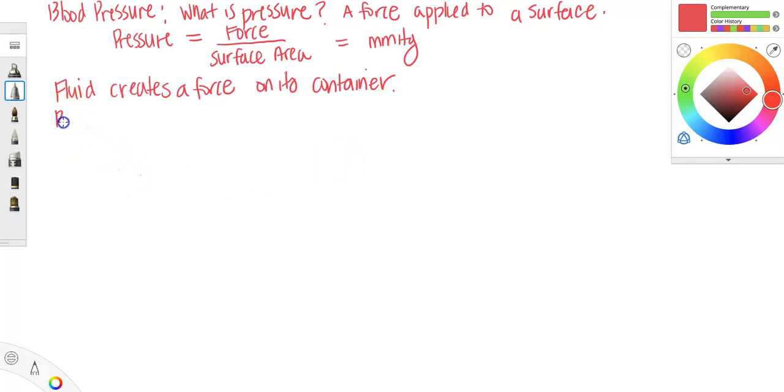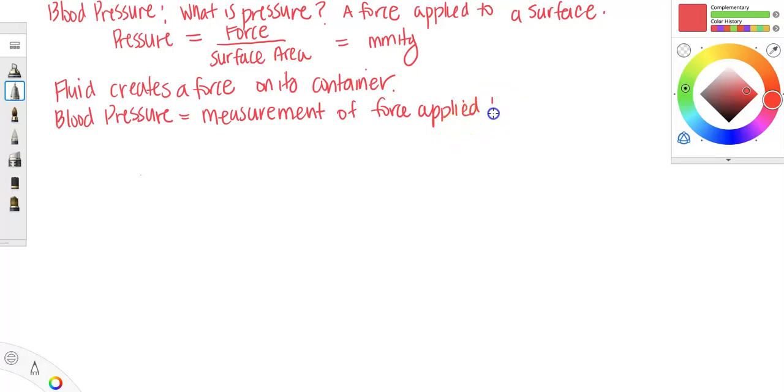So blood pressure is the measurement of force applied to vessel walls. Okay, so that's blood pressure.